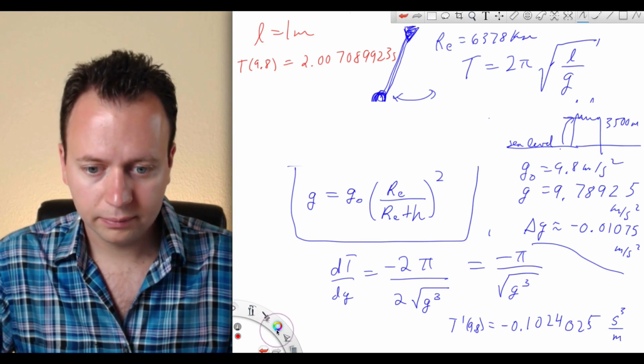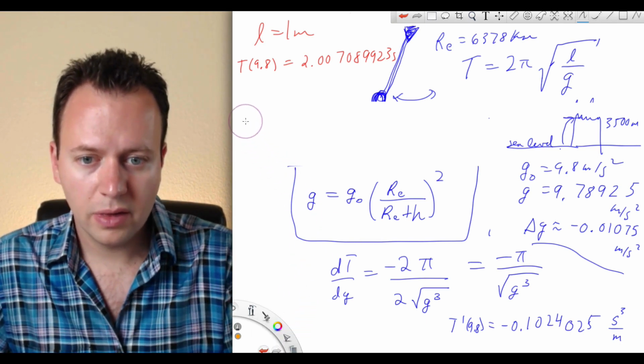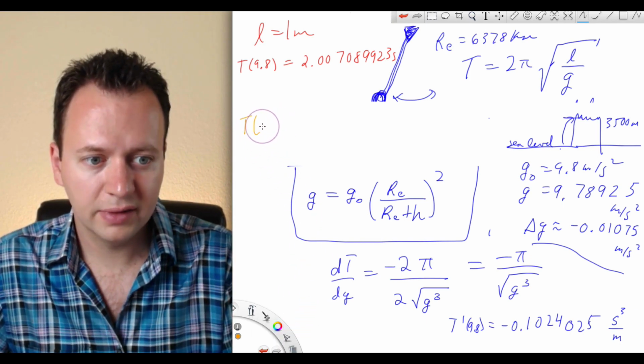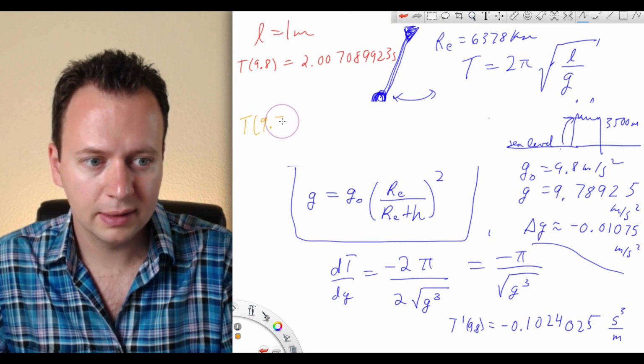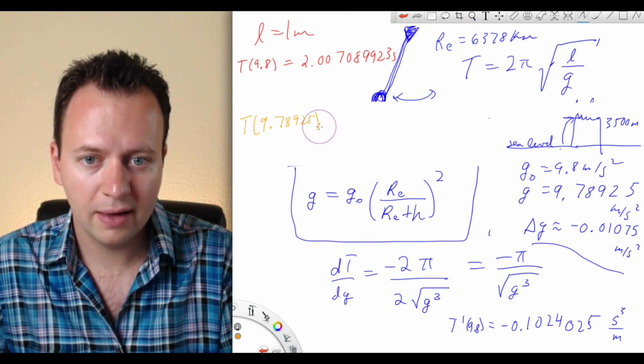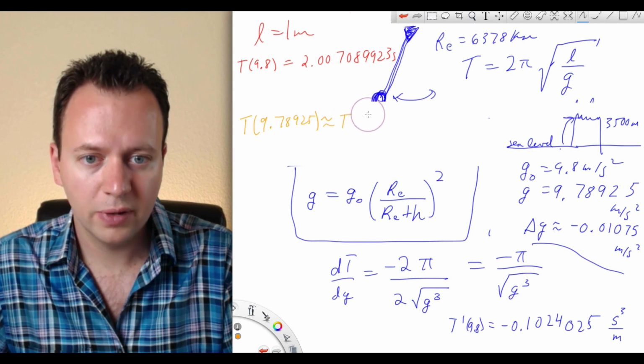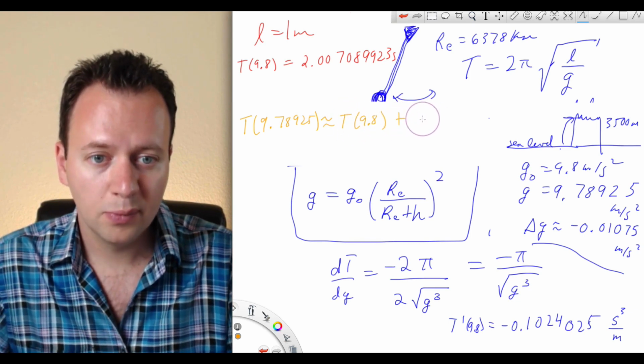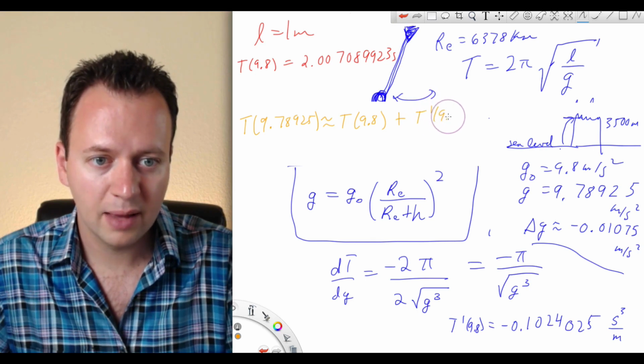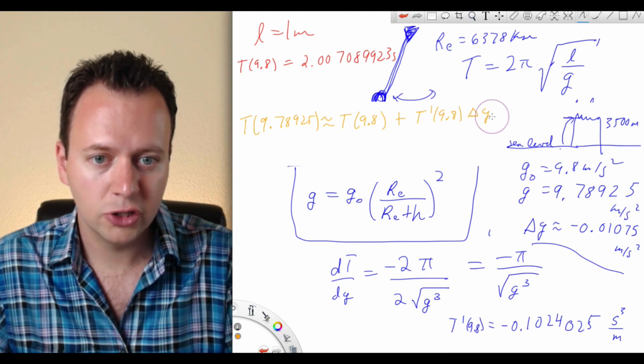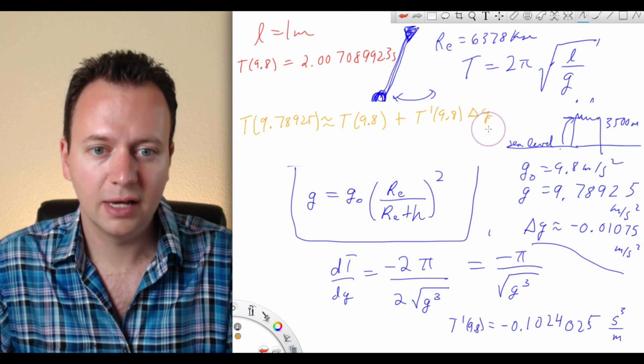Okay, so the period when the gravitational acceleration is 9.78925 should be approximately the period of the pendulum when the gravitational acceleration is 9.8 plus T prime of 9.8 times delta g, the change in gravitational acceleration.